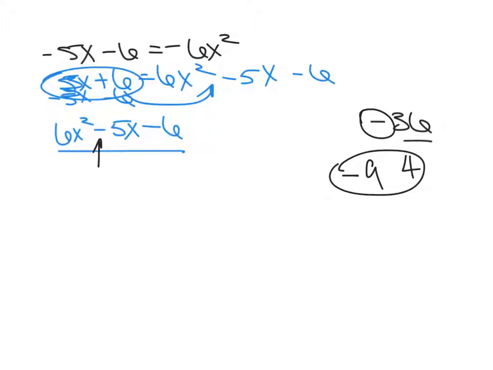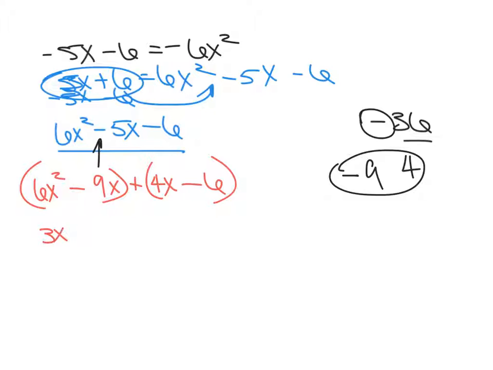And let's put these on here. And again, I put the negative on first. And you'll see why I put the negative on first later on. Okay, then I group. Then I group. So I take out a 3x, and I have a 2x left, minus 3. Plus, take out a 2, and I have an x minus 3.